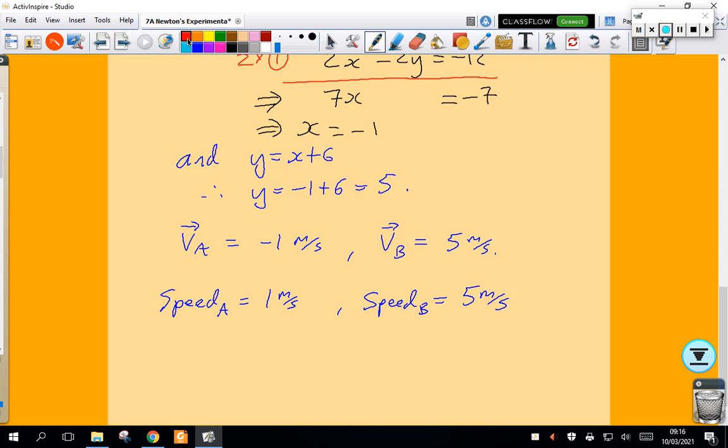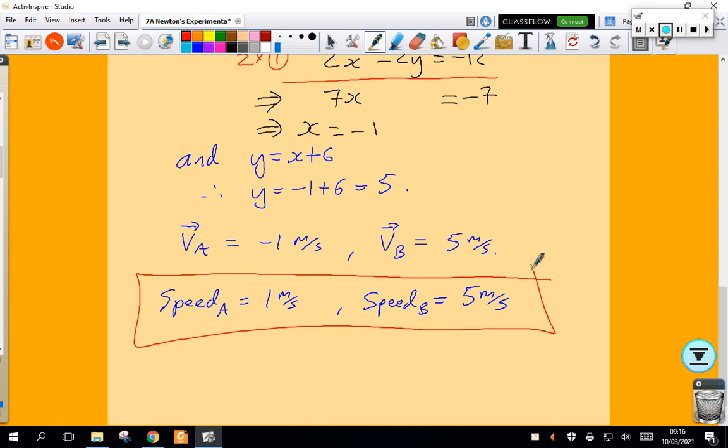Notice it didn't say find their velocities after impact. It said find their speeds. So the speed of A is 1 meter per second, and the speed of B is 5 meters per second. The negative and the positive are telling me about direction, to the left and to the right, because I've defined my coordinate system to be right positive.